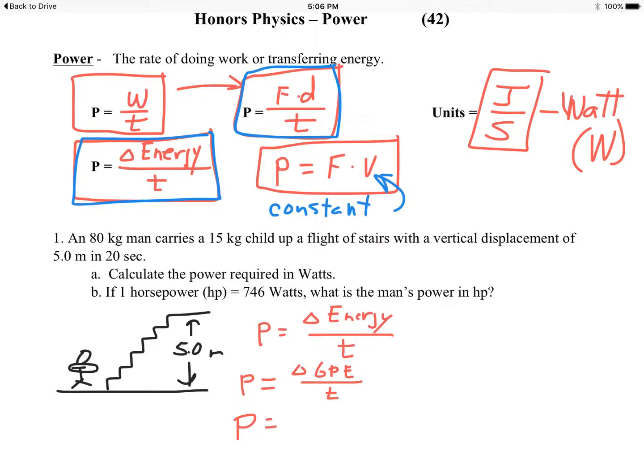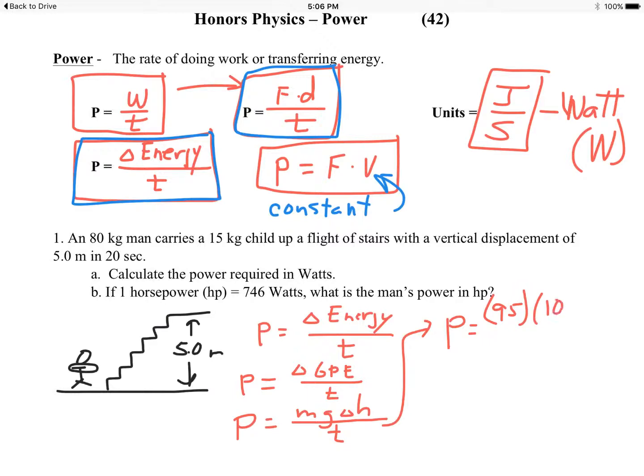Okay, so the power is going to be mg delta h, because the changing h is what changes the GPE over the time. I'll come over here and plug in. The power here is the mass, and he's carrying himself and the child, 95 kilograms. We want kilograms, that's good.